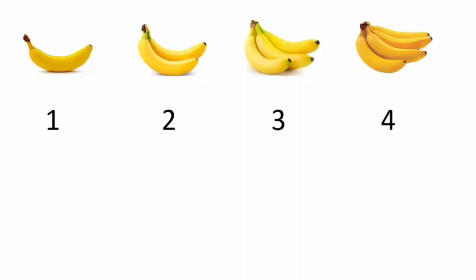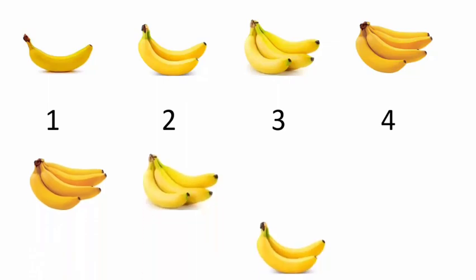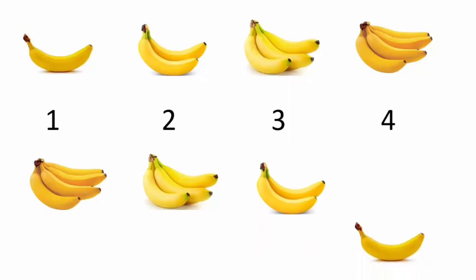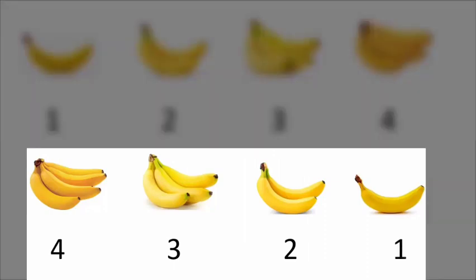This order of arrangement is called ascending order. 4, 3, 2, 1. This order of arrangement is called descending order.